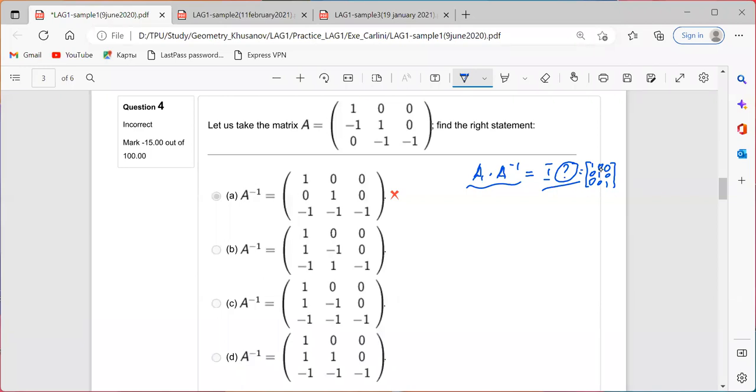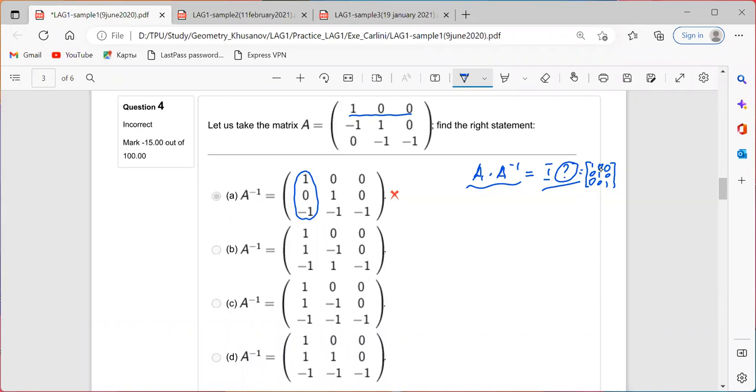Let's consider the first row of A. We have to multiply A by A minus 1, vector by vector. So let's consider the first row and first column here: 1, 0, 0 multiplied by 1, 0, minus 1. Scalar product: 1 by 1, 0 by 0, and 0 by minus 1. It will be 1.